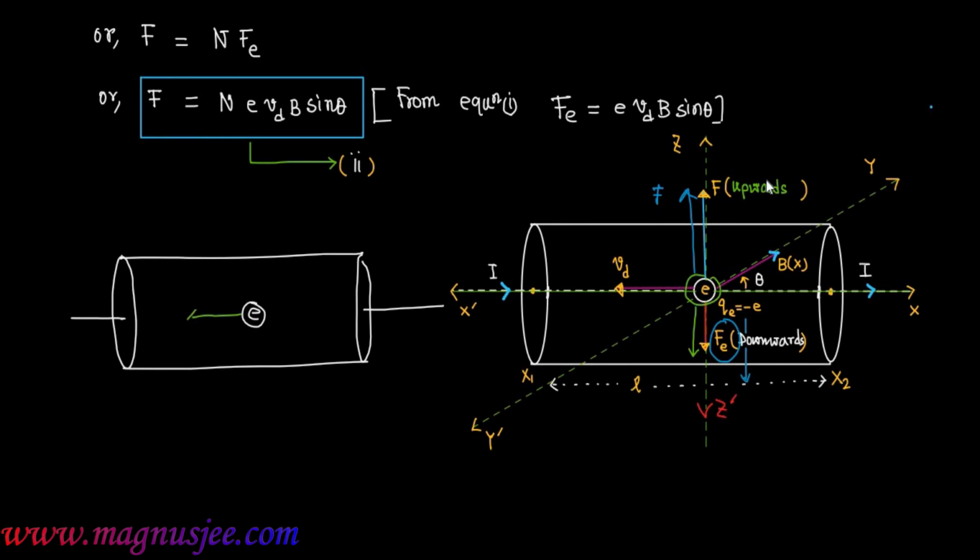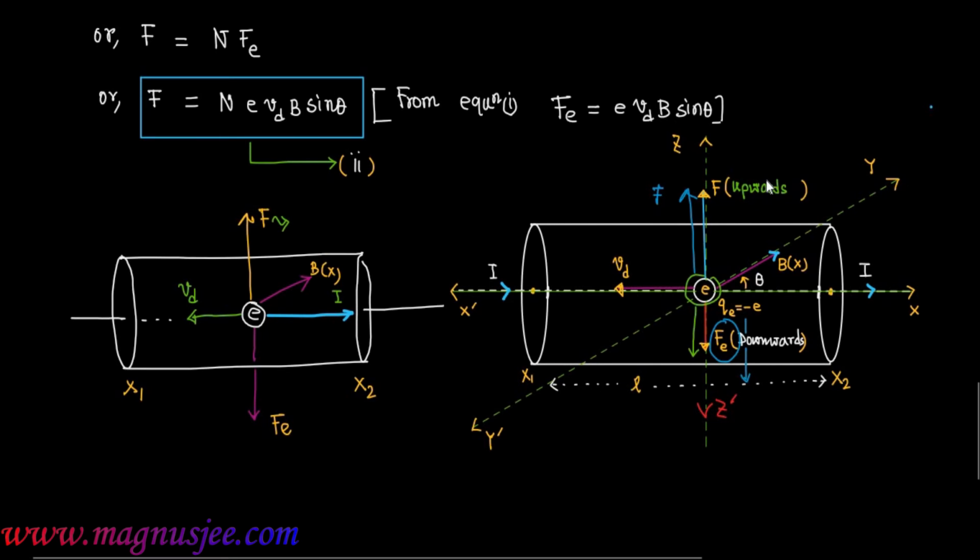This is a conductor, and a free electron will be accelerated with a drift velocity Vd towards left, and current I flows towards right. A magnetic field B acts inwards, and the magnetic Lorentz force experienced by a free electron will be acting downwards, and the force experienced by the conductor will be acting upwards.